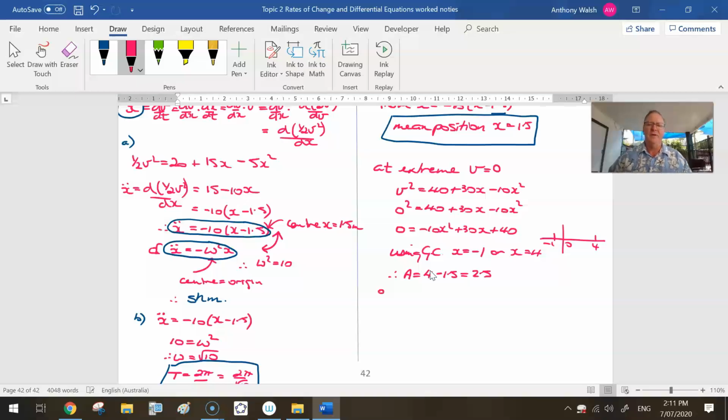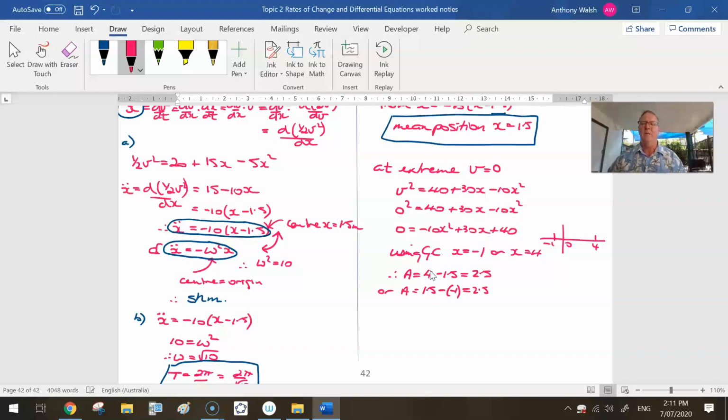Or I could do the same thing again. Amplitude would be taking the 1.5 minus the other extreme, negative 1. Still works out to be 2.5.